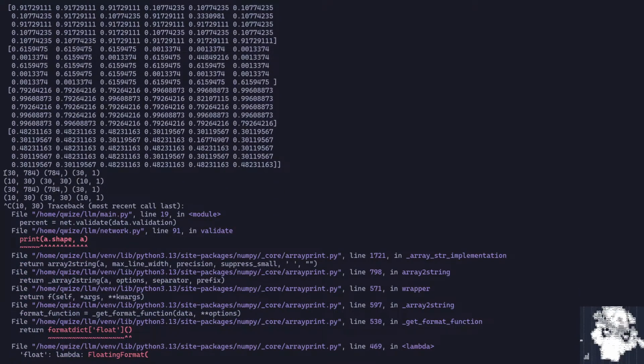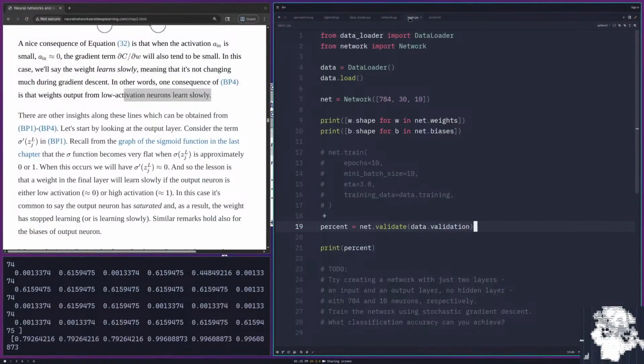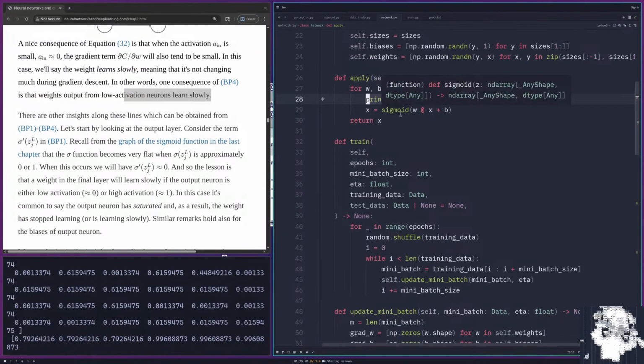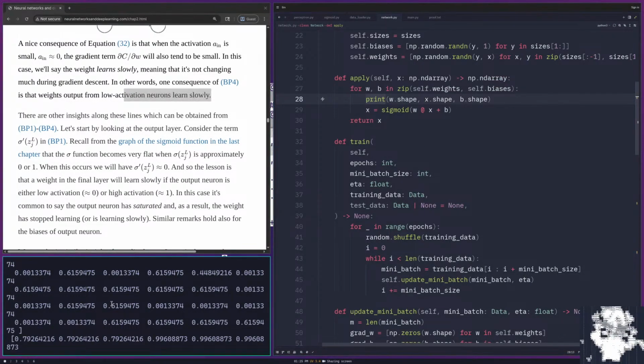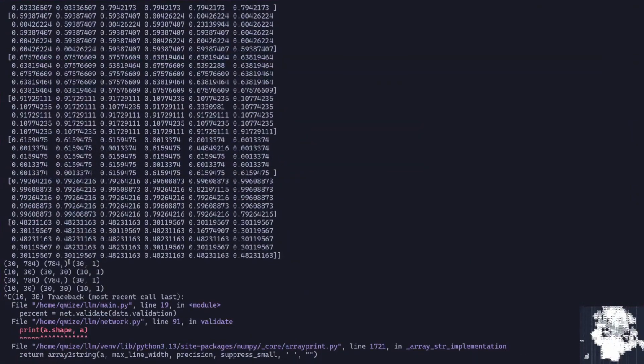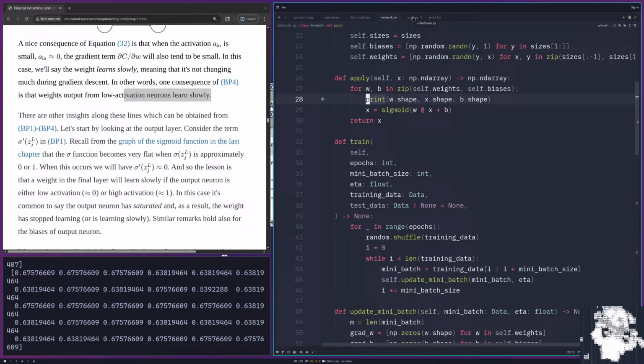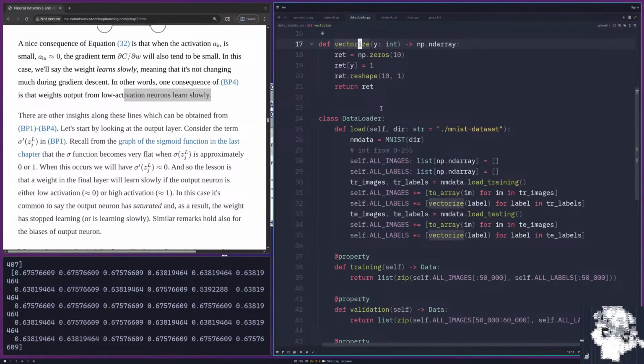So W is this. Okay, this is not good. This is not a, it needs to be by 1. So did we fail to vectorize something, or did something get unvectorized when it went into a sigmoid or something? No, 784 means it started not vectorized.